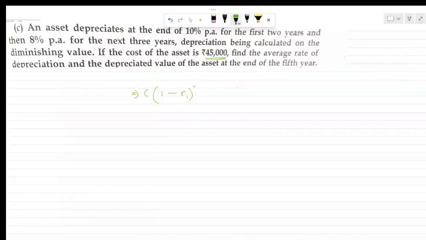I am just writing the formula here so that you can understand. And you also need to know that the answer that you will get after solving will be basically the value.